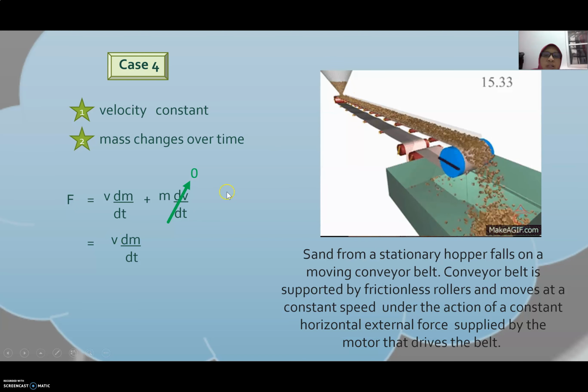The sand dropped here represents dm by dt, the rate of change of mass. And it moves at a constant speed under the action of a constant horizontal external force supplied by the motor that drives the belt.